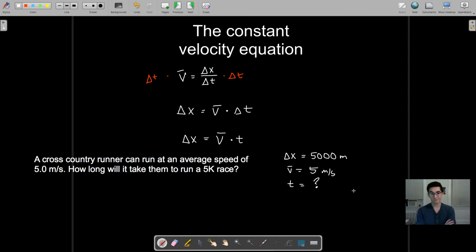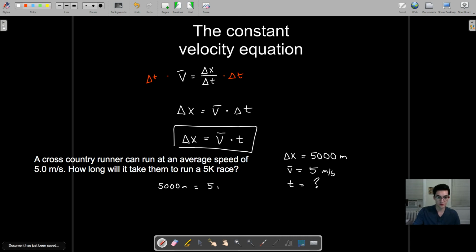Let's find out. So what we're going to do is plug our values into this equation that we have. So delta x, we're going to replace with 5,000 meters, okay? It's equal to average velocity, which we're going to use 5 meters per second for, times time.